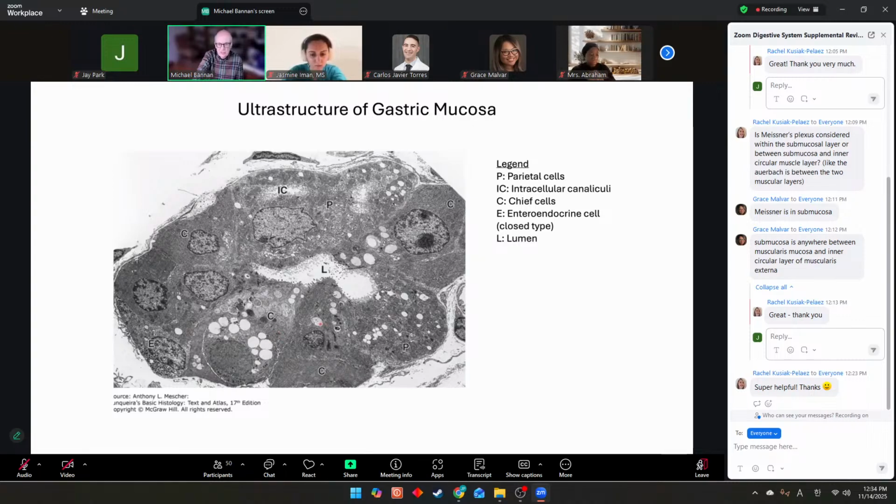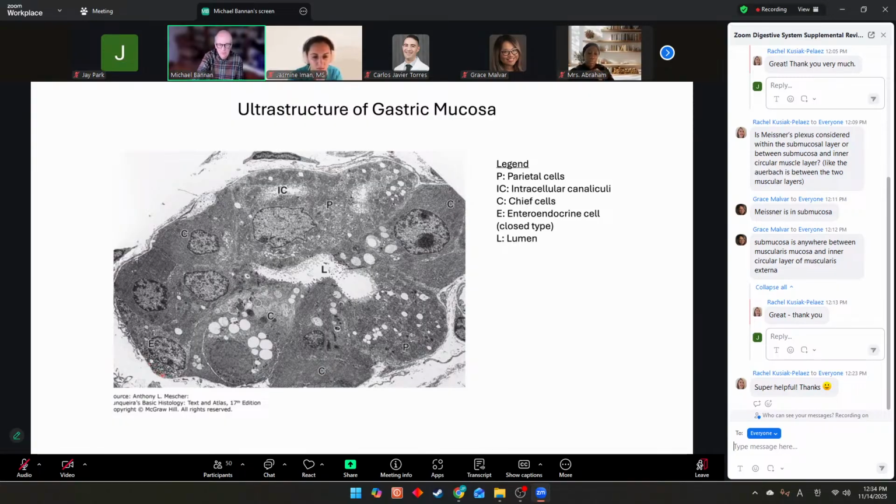Now, the third cell type is also visible in this section, and that is here. That is an enteroendocrine cell. And this cell here does not seem to communicate with the lumen. So this is what we refer to as a closed cell type of enteroendocrine cell. And it has the hallmark of the enteroendocrine cells, which is the presence of neurosecretory granules. See these dark electron-dense granules on the basal part of the cell, right?